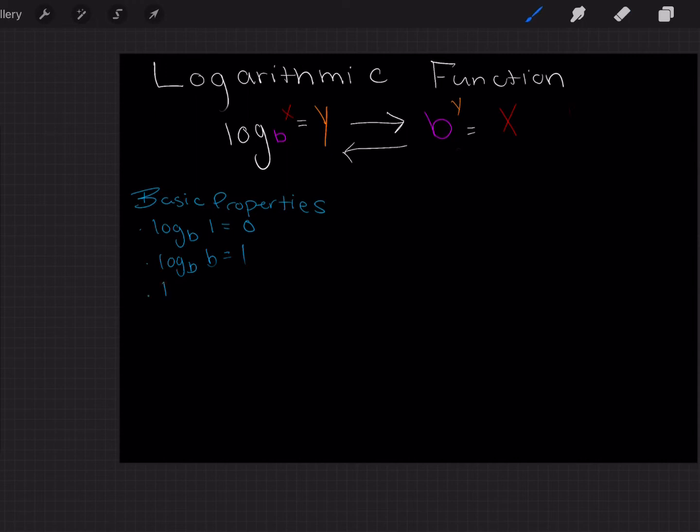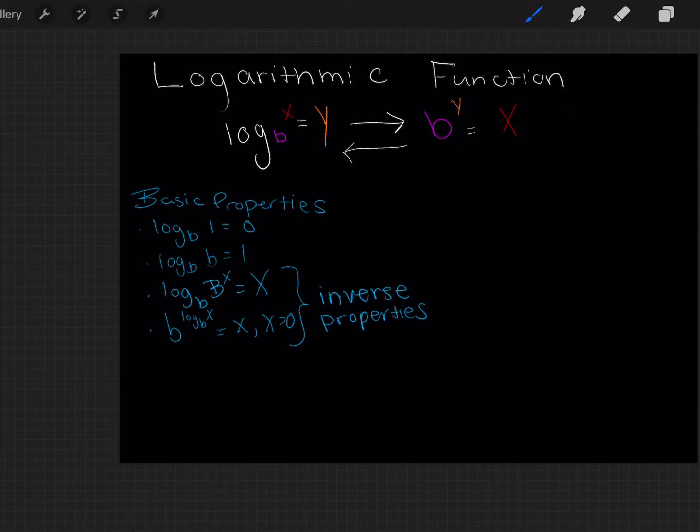Part of what had confused me when I originally learned these inverse properties, and what I'm hoping to help you avoid, is our log base b of b to the power of x, and our inverse b to the power of log base b of x equals x, where x is greater than 0.